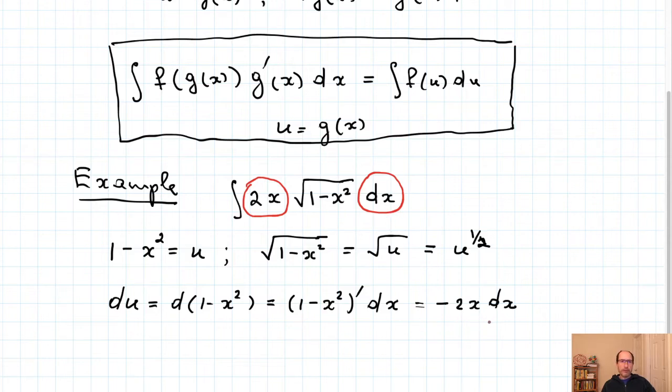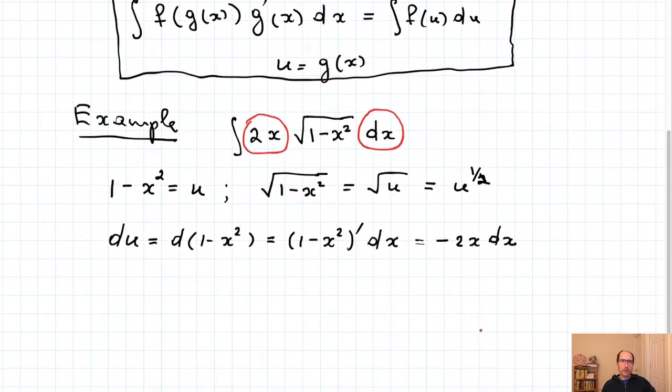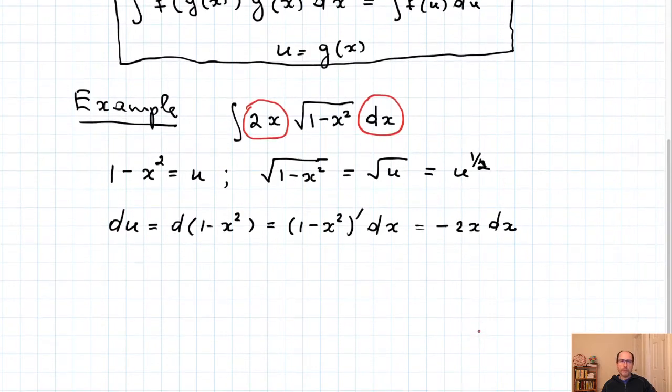In fact, the only thing that we need to change in this expression, negative 2x dx, is we need to get rid of the negative sign. So let's go ahead and solve for 2x dx. It's very easy. To solve for 2x dx, we just need to multiply both sides of this equality by negative 1. And so what we find is that 2x dx is negative du.